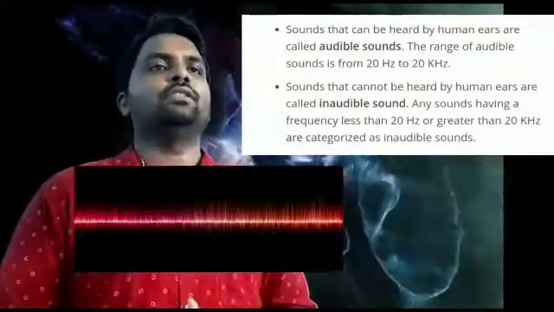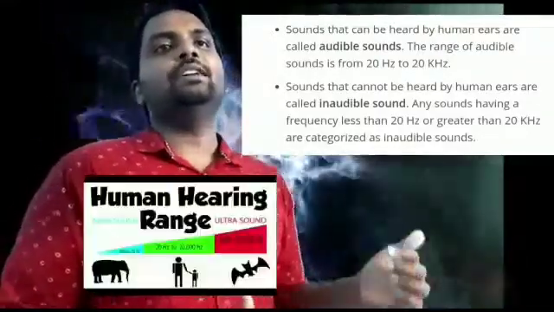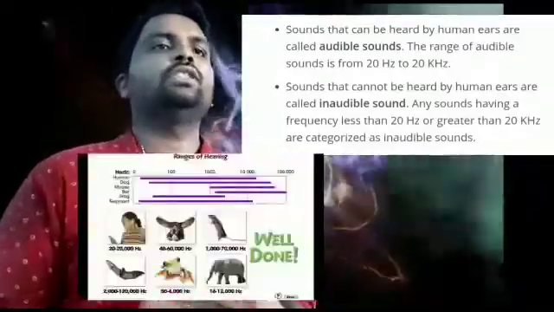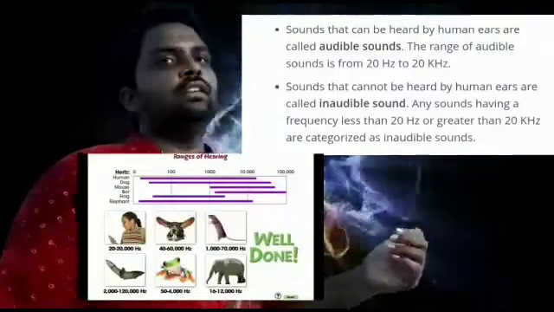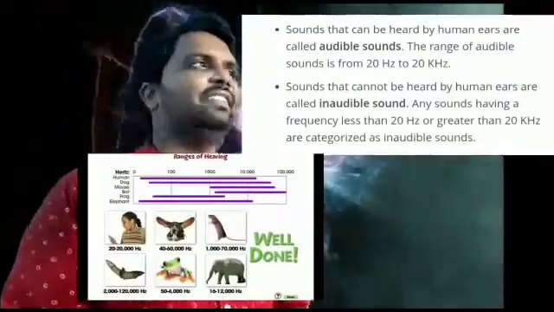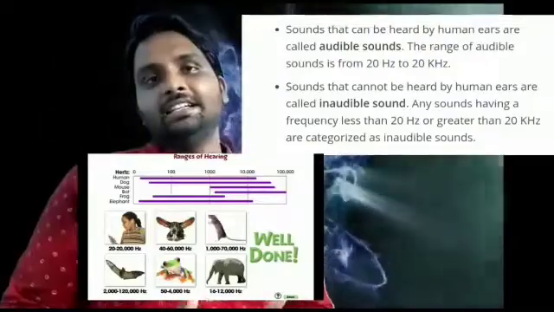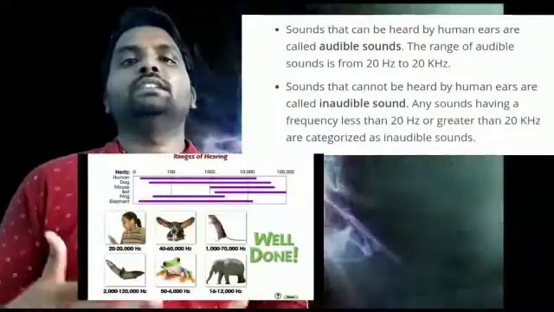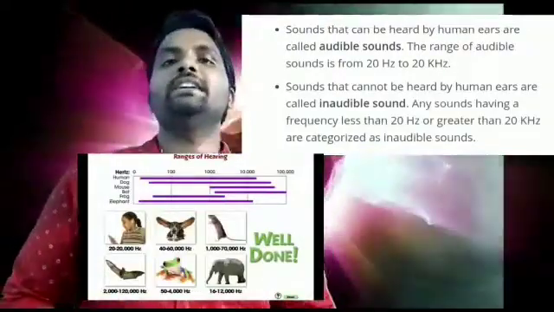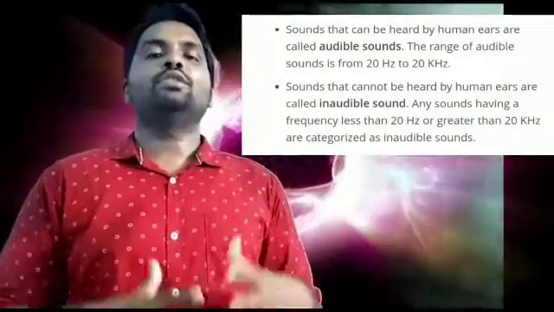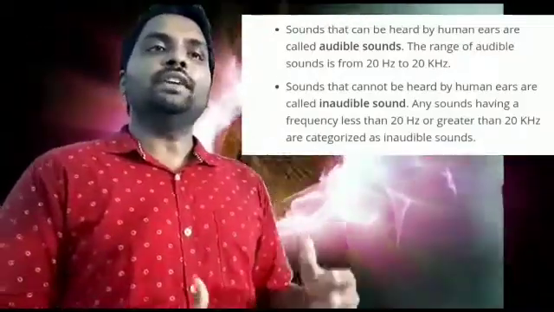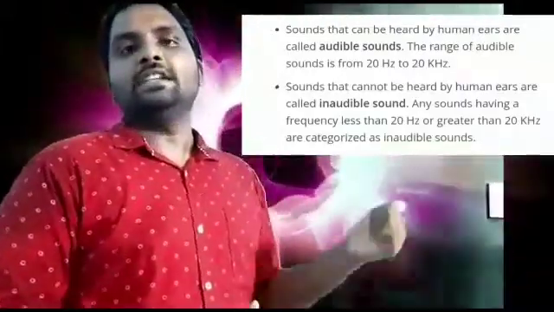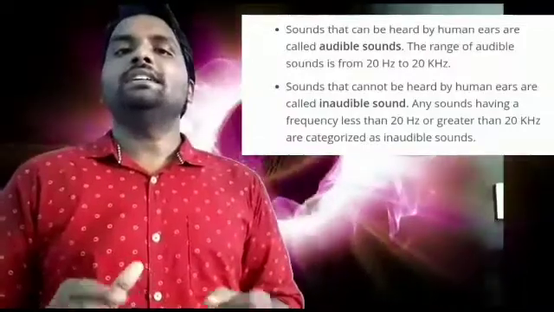Another type of sound cannot be heard by human ears. Humans can't listen to some sounds. Those sounds are called inaudible sounds. They may have a very low frequency, or a much higher frequency, which we can't hear. If the frequency is less than 20 hertz, we can't listen.